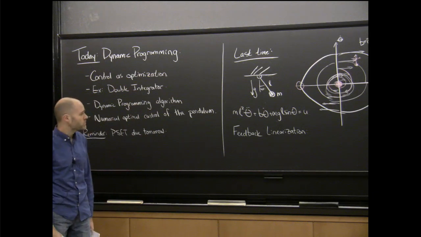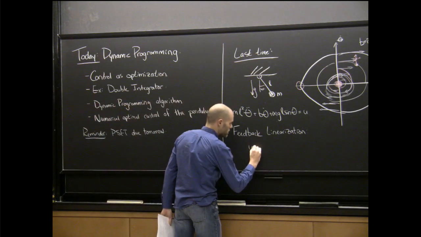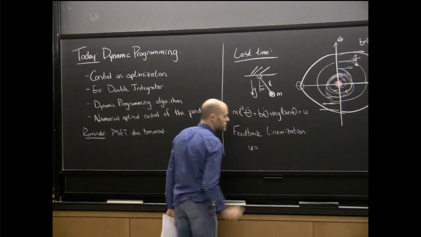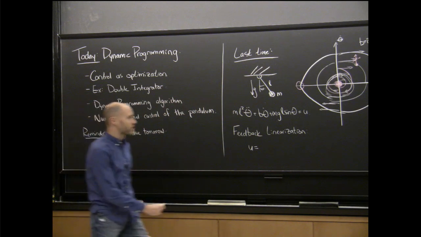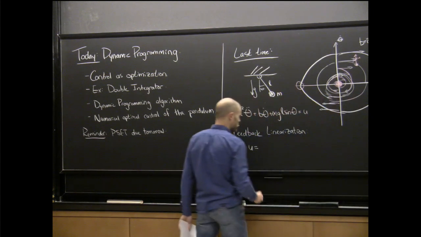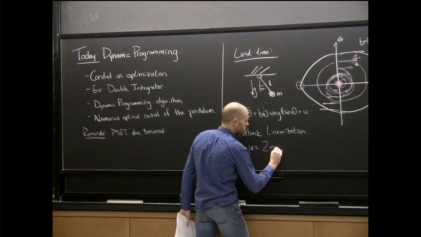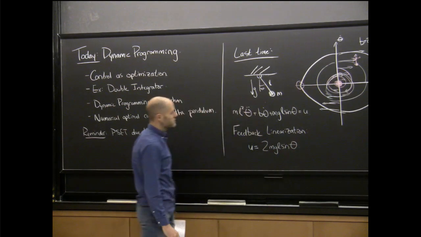So what might I write as my control policy that would turn this into the stable fixed point? 2 mgl sine theta. Awesome. Yep, 2 mgl sine theta would do the trick.